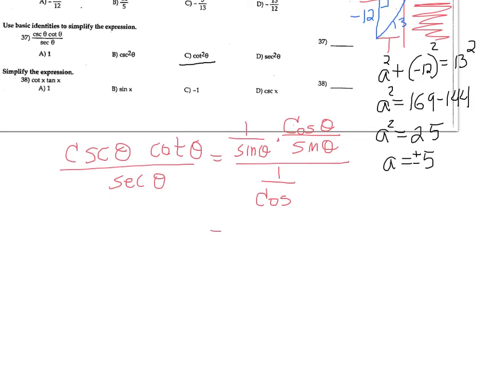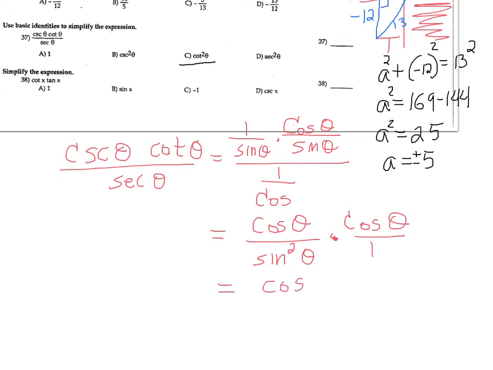Okay, so then you're going to have cosine over sine squared theta, right? And then times the reciprocal of the fraction on the bottom, so you switch it around, and that's going to be cosine over 1. And cosine times cosine produces cosine squared theta over sine squared theta. That gives you the cotangent squared theta, which is C.